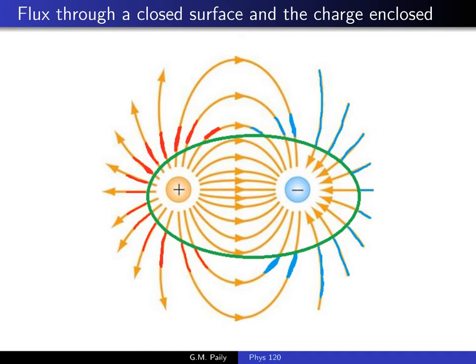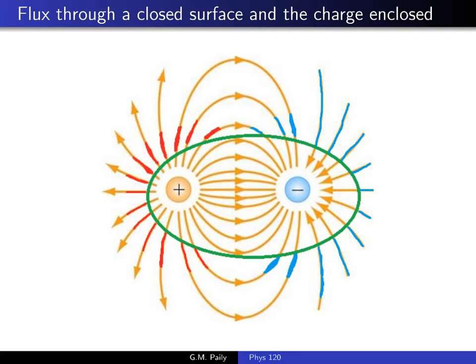All these blue lines represent field lines which are entering the surface in roughly the opposite direction to the area vectors. And so we have a negative flux on this side. All these field lines represent field lines which are exiting the surface in roughly the same direction as the area vectors which point outward. And so these represent positive flux.